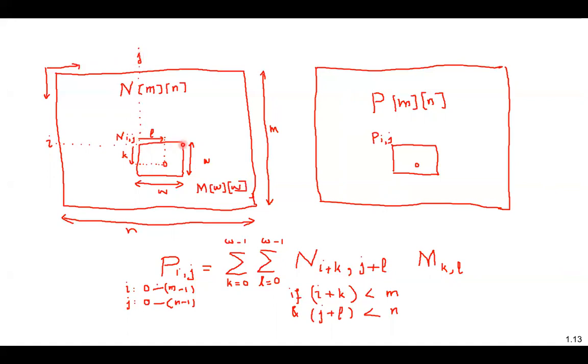When I put my mask here, I again need two indexes for carrying out this dot product. If my mask was a square mask, it had W rows and W columns, and I choose to use index k here and index l here.